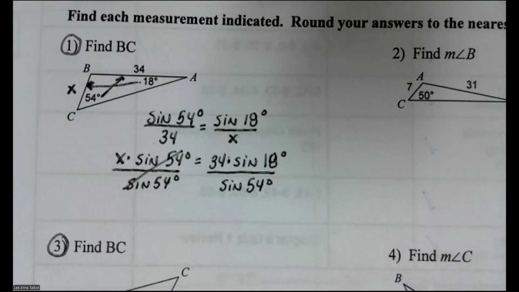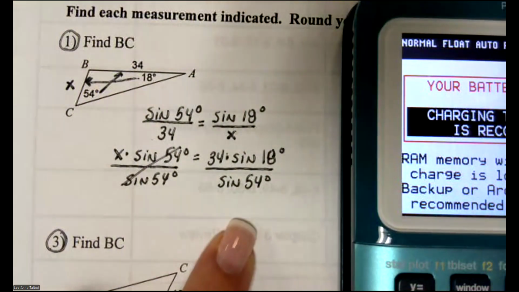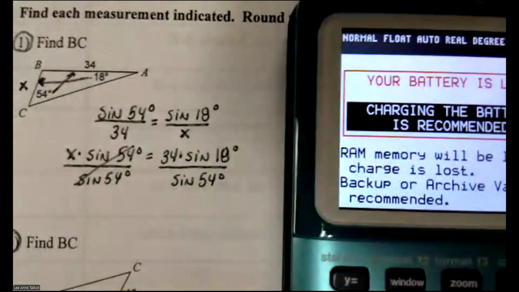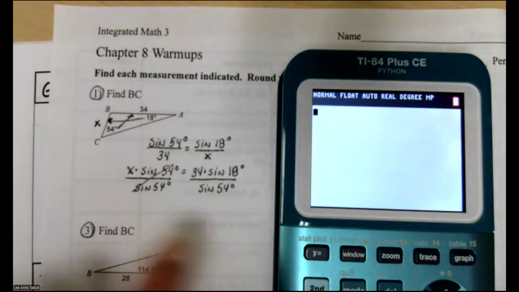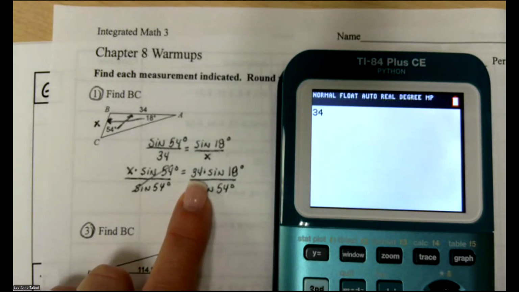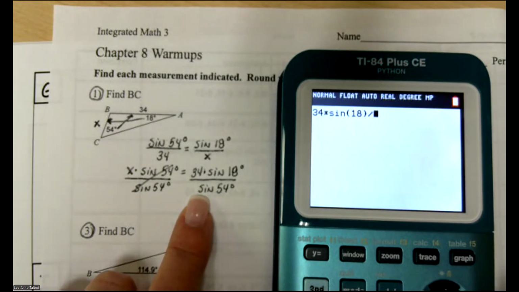But what I say is type this in your calculator in one fell swoop, which means type it all in at once. And my battery is dying because I just let it sit here over break. Cool, cool, cool. Okay, so 34 times sine 18 divided by sine 54.